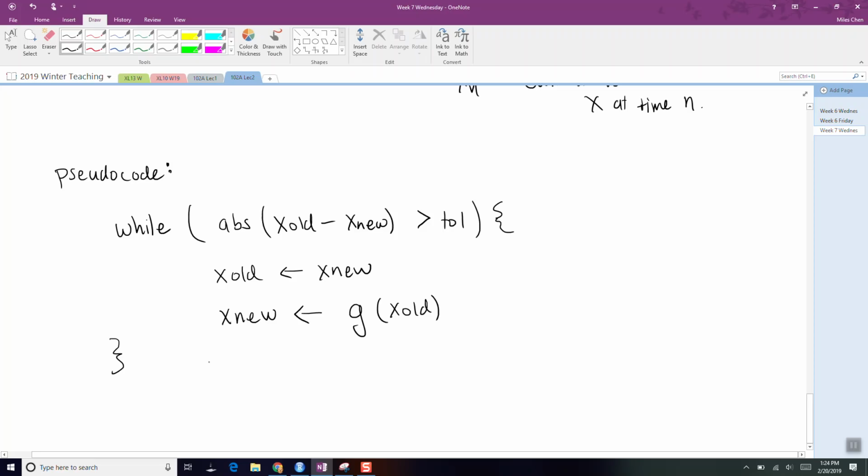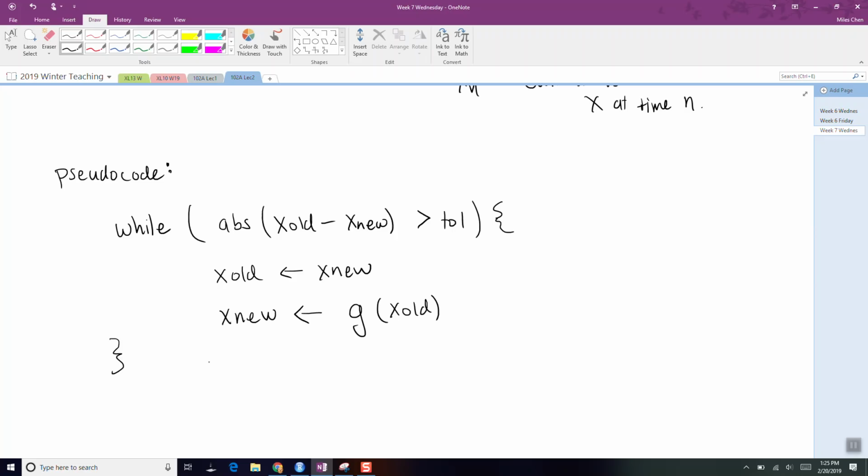And that's it. 2 lines, 3 lines of code. 4 if you count the closing curly brace. And that's going to be fixed point iteration.